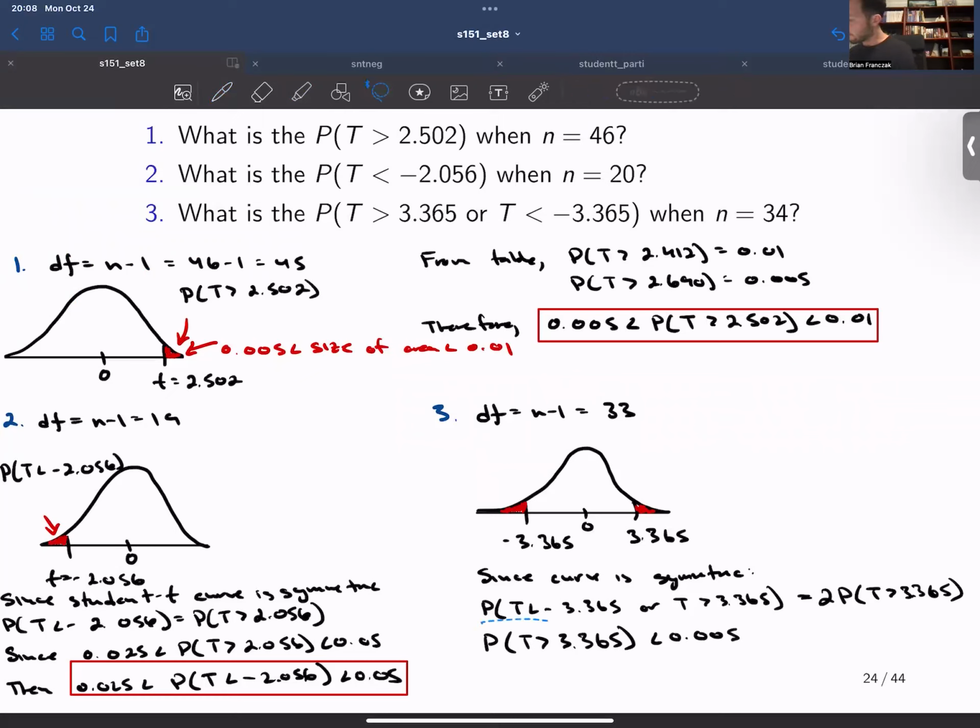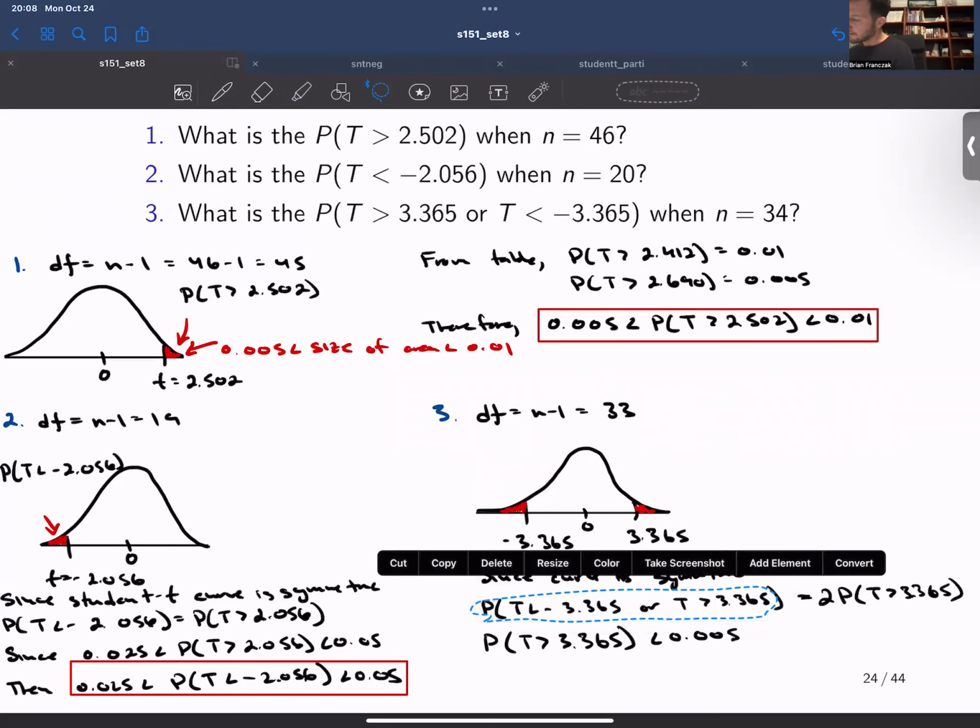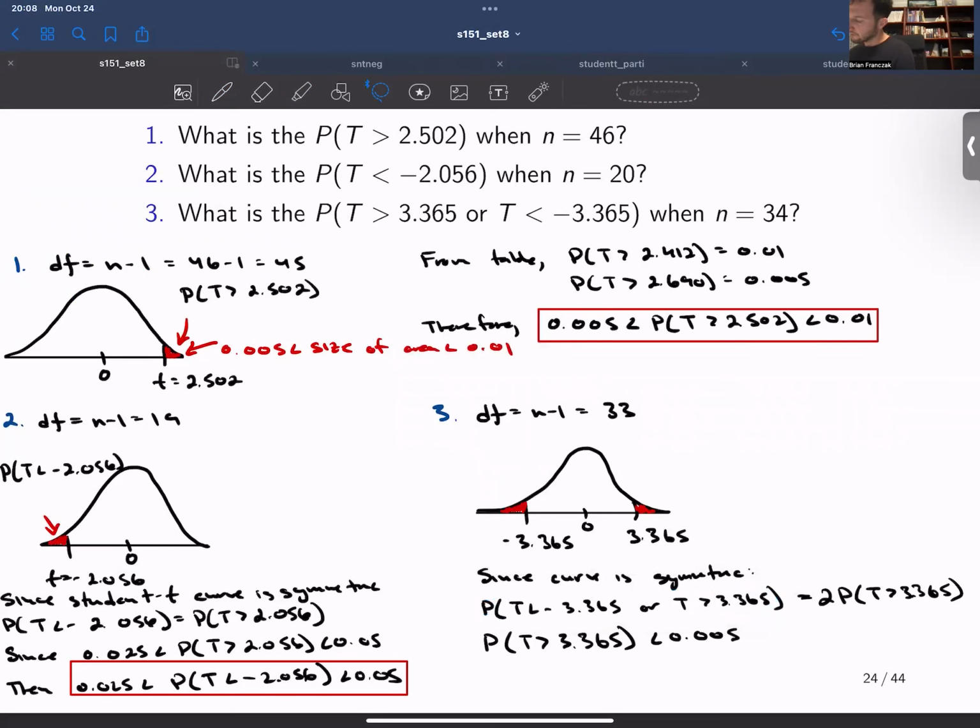Okay, so therefore, since the probability that t is less than negative 3.365 or that t is bigger than 3.365 is 2 times that previous probability, we would have that this thing is less than 2 times 0.005.